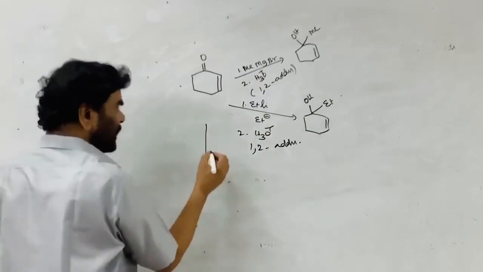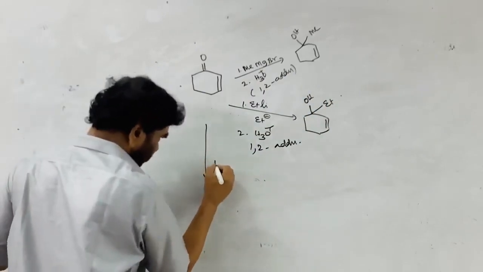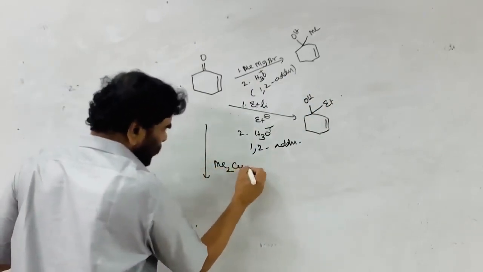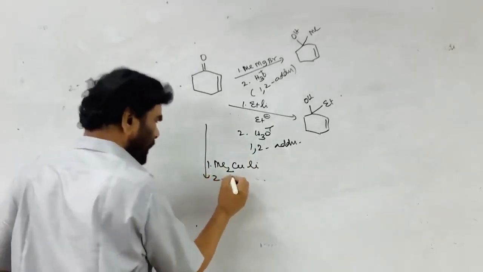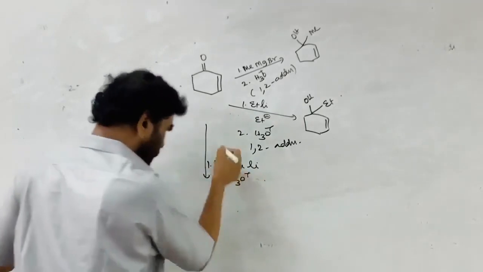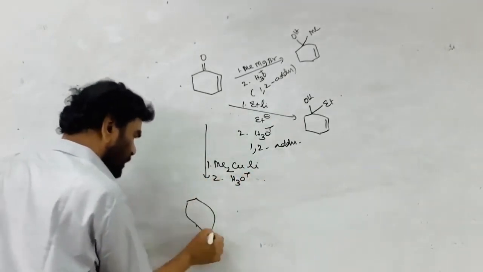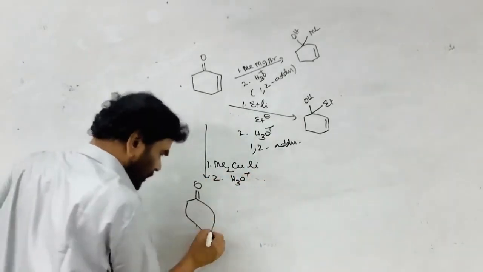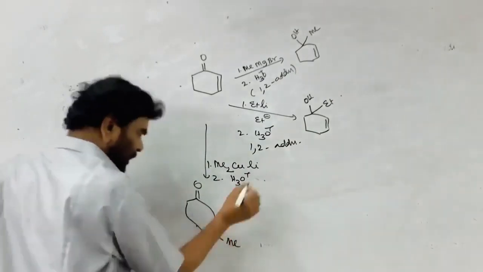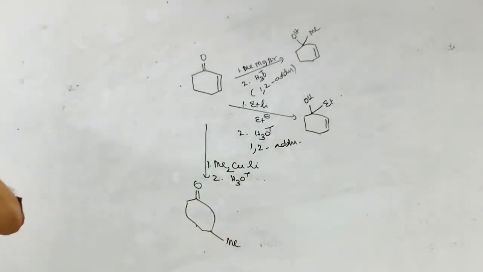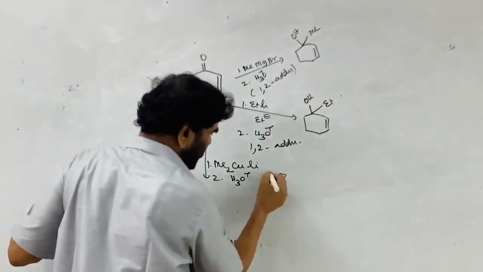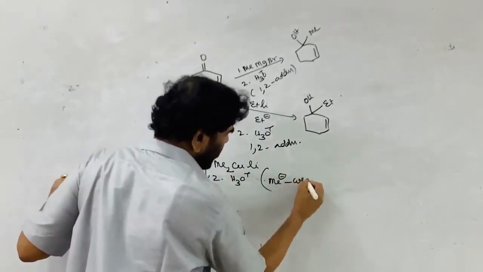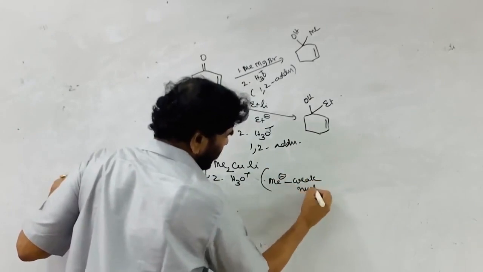The same thing is treated with the dialkyl, Me2CuLi, lithium dialkyl cuprate, followed by hydrolysis, that gives the product with methyl. So here Me- is a weak nucleophile.